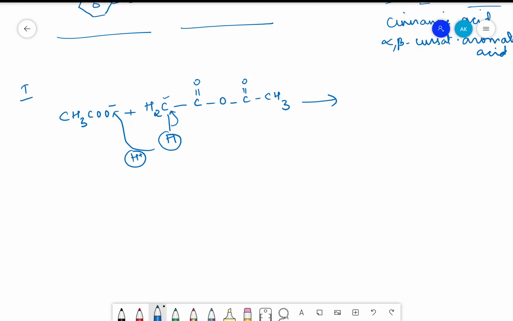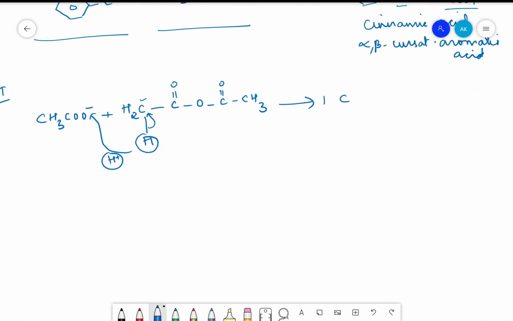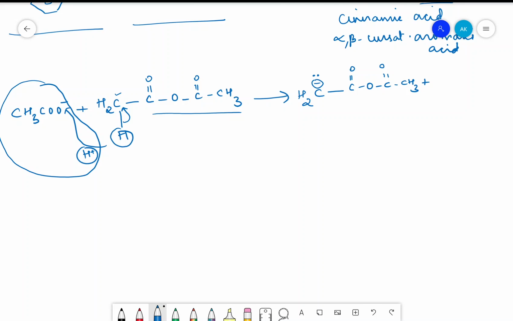So now we are going to represent this as CH2 with a negative charge, that means it has 2 electrons, followed by the entirely same thing, that is C double bond O, O, C double bond O, CH3, plus this group now represented as CH3COOH, that is acetic acid.